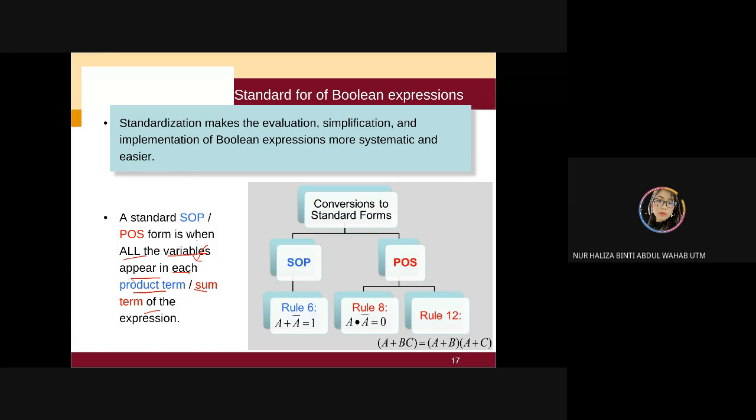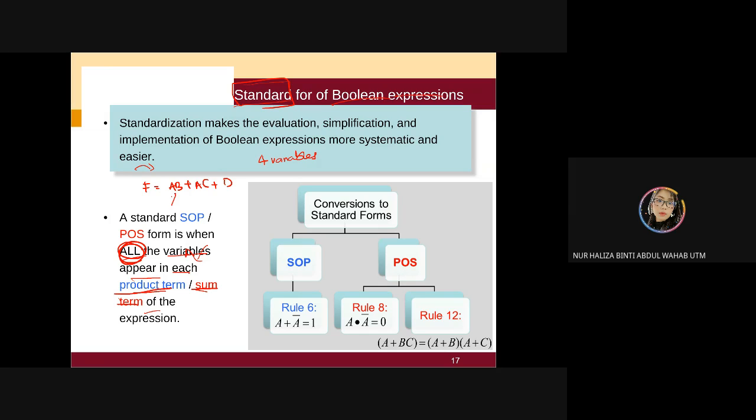But what I can say is, let's say you have F equal to AB plus AC plus D. From this, you can see and conclude you have 4 variables, right? But if you've been asked to standardize the Boolean expression, you're going to have all variables in your product term or your sum term.